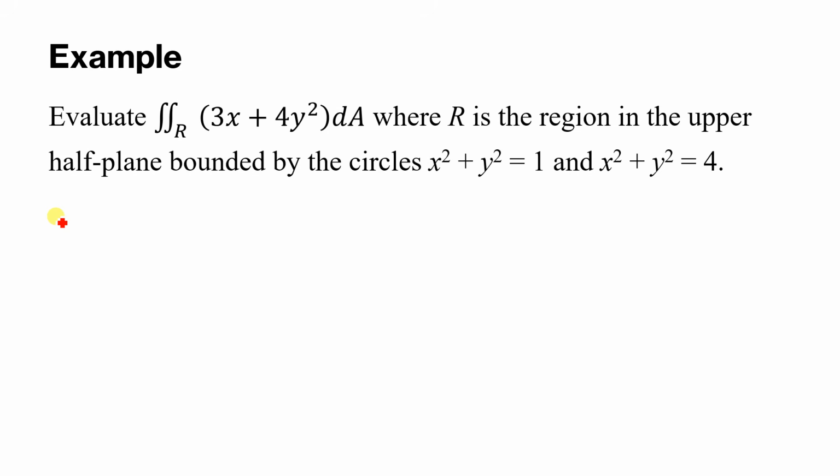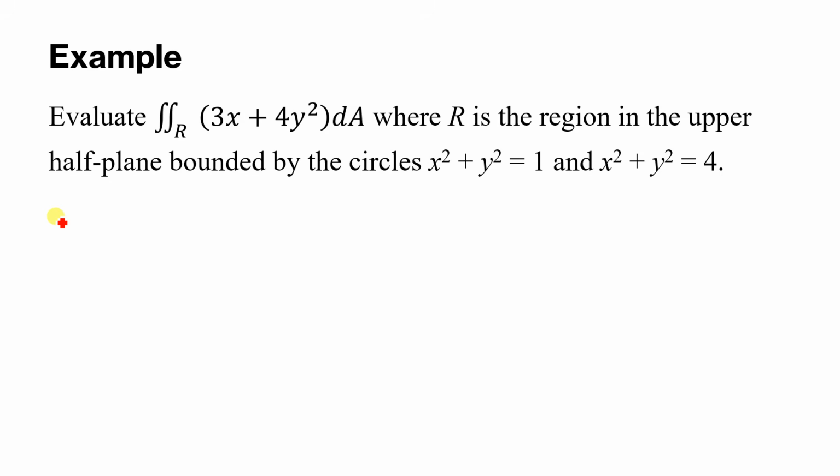R is the region in the upper half plane bounded by the circles x squared plus y squared equals 1 and x squared plus y squared equals 4. In other words, this is a ring shape between the two circles, two circles centered at the origin.